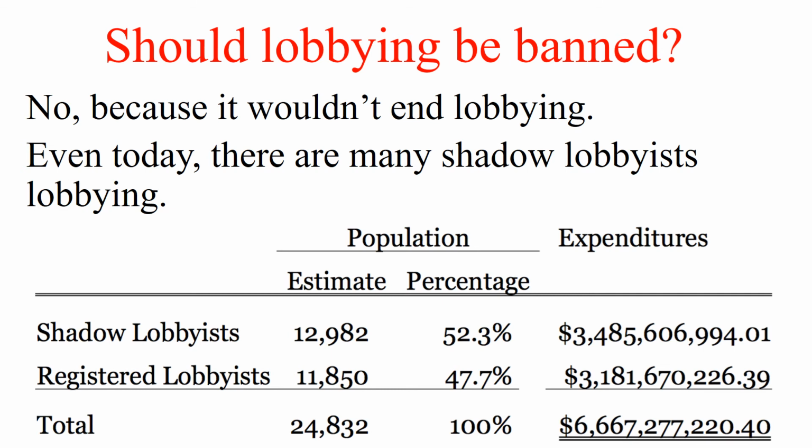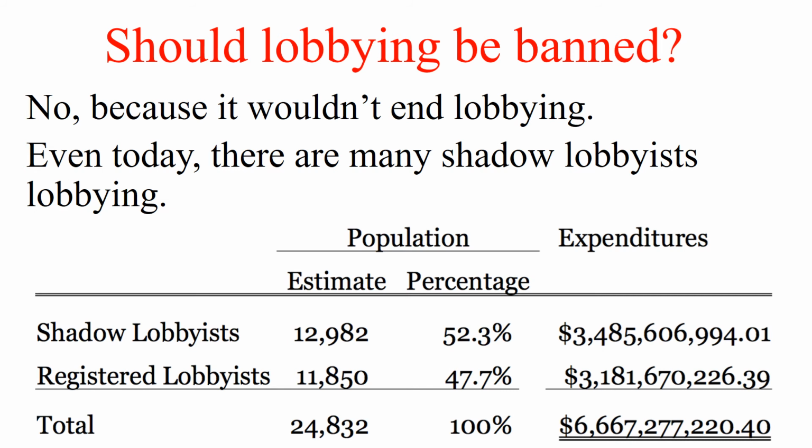One answer is that no, it shouldn't be banned, because banning lobbying wouldn't end lobbying. On the contrary, it would turn lobbyists into even more shadowy figures that operate with no supervision or regulatory restraints, and it would be even worse.